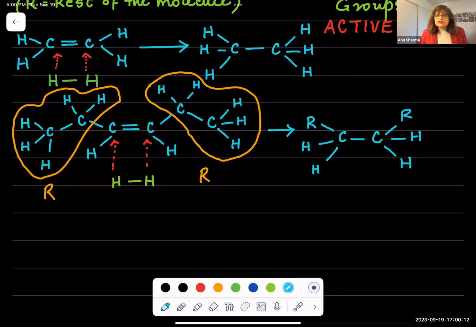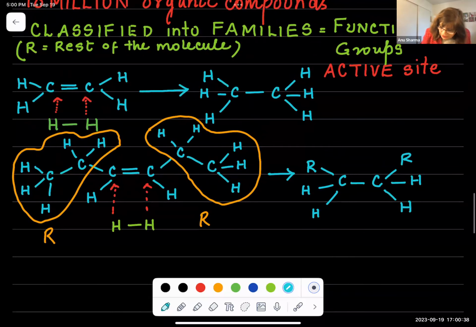But the hydrogen, when it attacks, doesn't attack any other site, but only the part where there is a double bond. No matter what the functional groups are, as far as they have the same functional group, no matter what the other structure is, if it is non-reactive, it will be non-reactive, and we just call it R, rest of the molecule. Okay, so R means rest of the molecule.